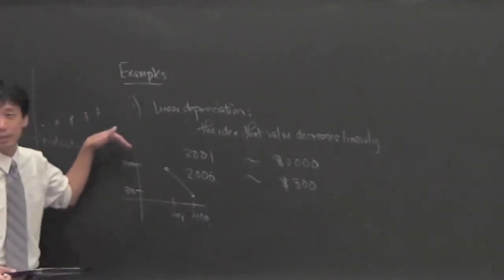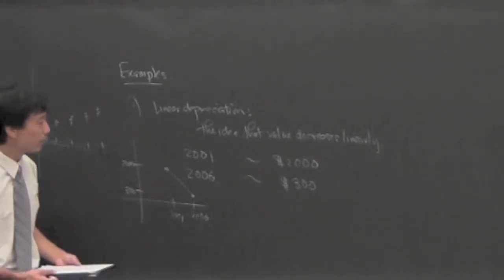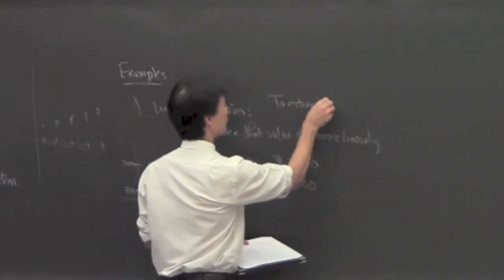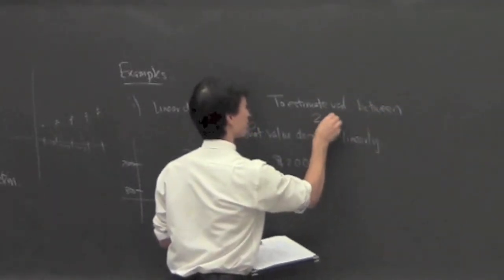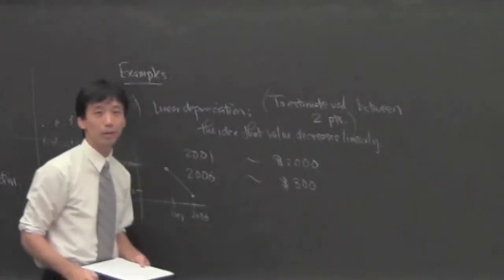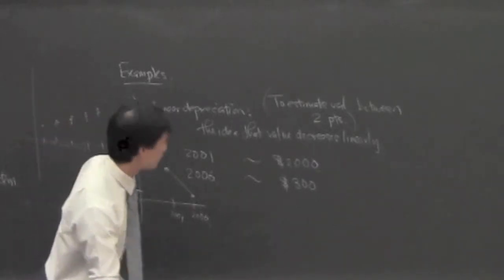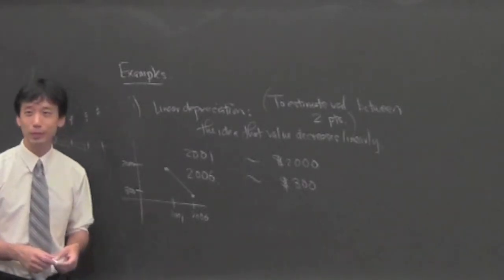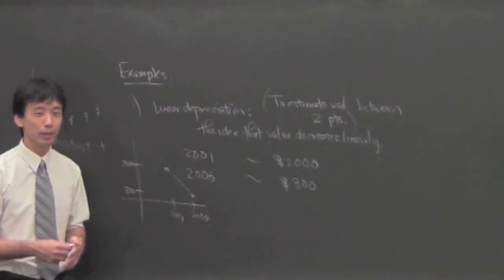And you assume that the decay of the price was linear, to estimate the value between 2 points. So if I ask you, how much did it cost in 2003, say, how would you do it, using a linear function?